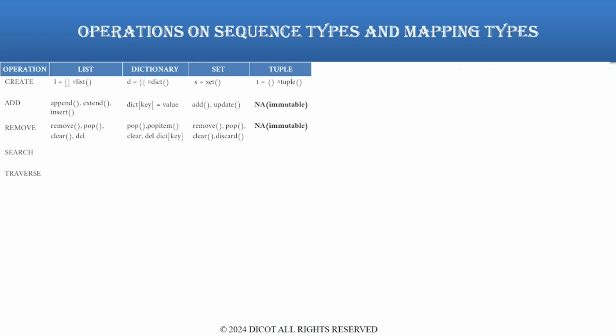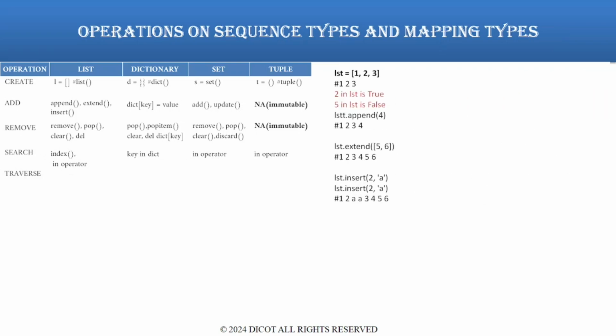To search an element, we can use the in operator in all cases. Consider list LST with values 1, 2, 3. Here, 2 in LST is true but 5 in LST is false. 2 not in LST is also false. This way we can use in and not in operators to check the presence or absence of elements in a list, dictionary, set and tuple.